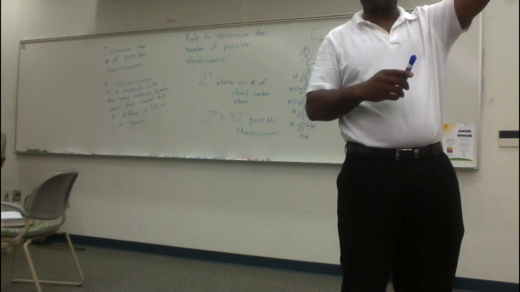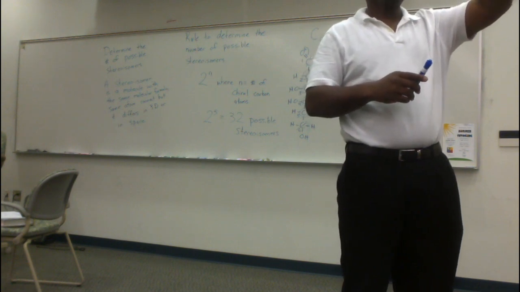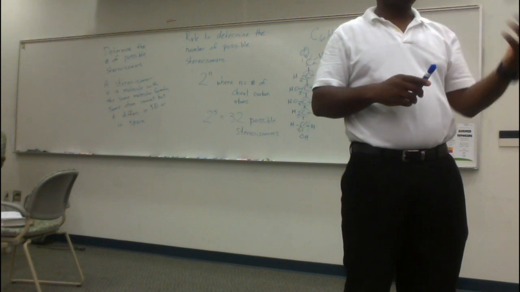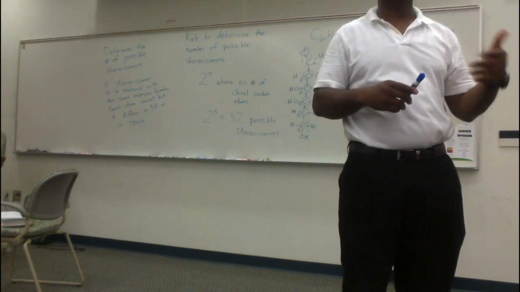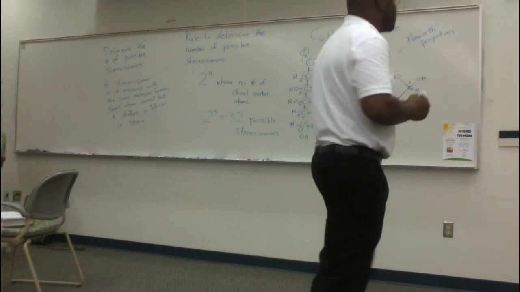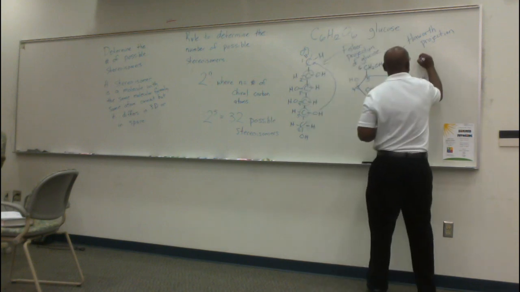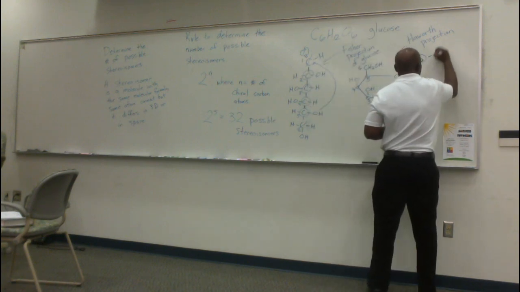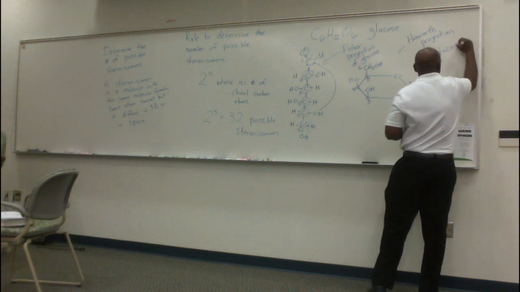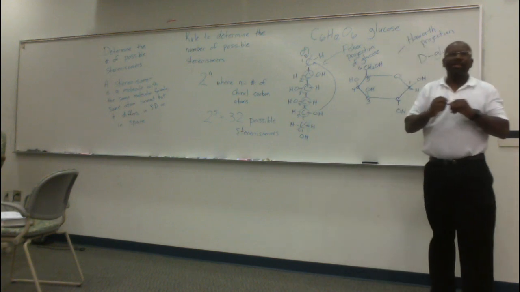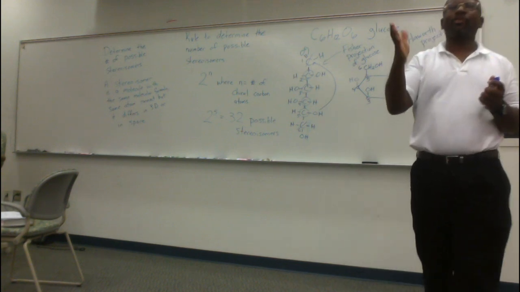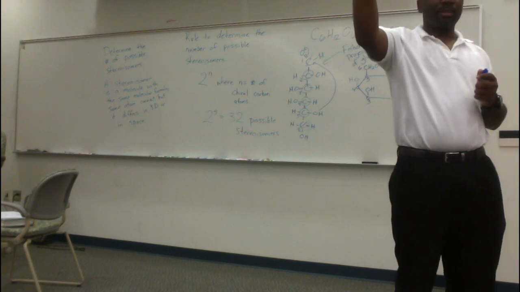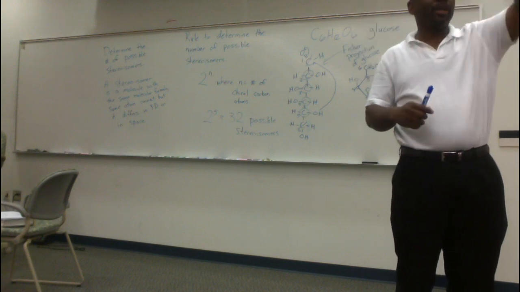Your thumb is down. This will be a right-handed sugar. In biology, you refer to a right-handed sugar as a D sugar. This will be D-glucose. Since it's a right-handed sugar, the group will be pointing up, like your thumb. If it was a left-handed sugar, it would be pointing down.